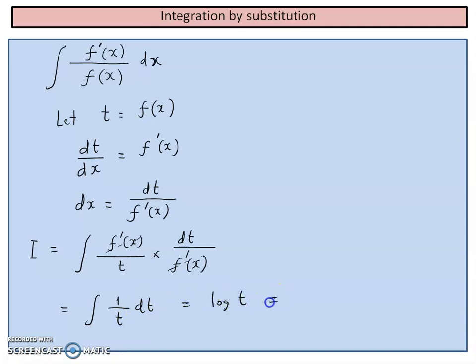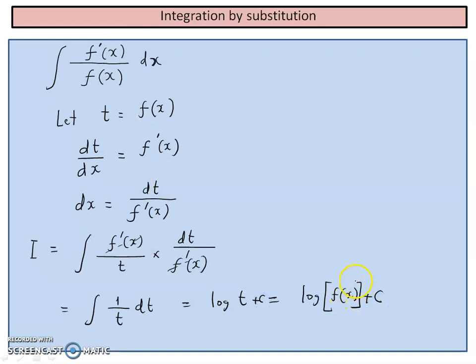And what is t बच्चों? fx. So log fx. इतना सिंपल फॉर्मूला है. So what you have to remember, if you have numerator as the differentiation of denominator, you can straightway write the integral as log fx, and of course c.